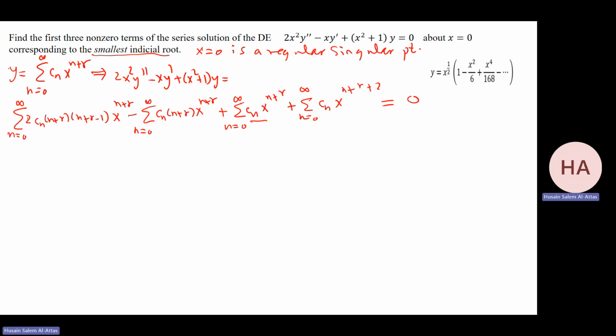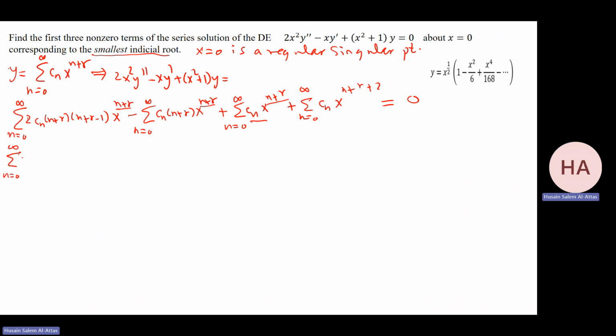If you notice, I have n plus r in these terms, so I can combine them in one. Okay. Let us see what will happen. I have summation n equals 0 to infinity.